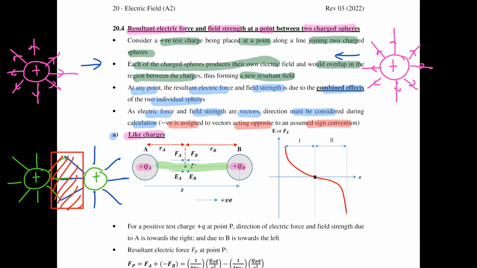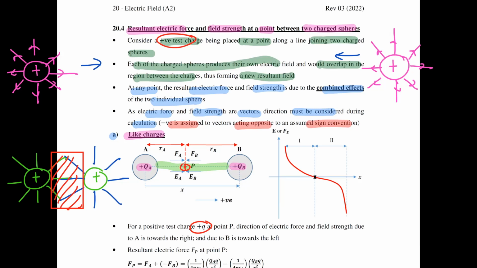At a point along this green line, you want to find out the resulting electric field strength, resulting electric force for a charge placed there. Say for example, the charge that you place is a positive test charge, positive Q. You place it here.